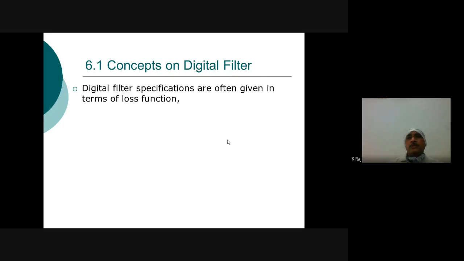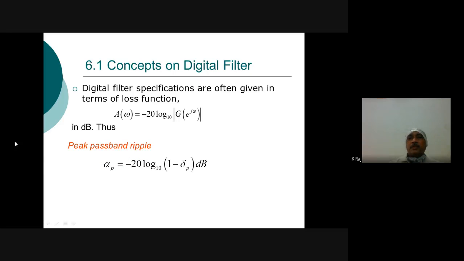Now, digital filter specifications are often given in terms of loss functions. That is, what is the loss? Attenuation. And attenuation is described by A(ω), that is minus 20 log10 of |G(e^jω)|, and it is described in dB.